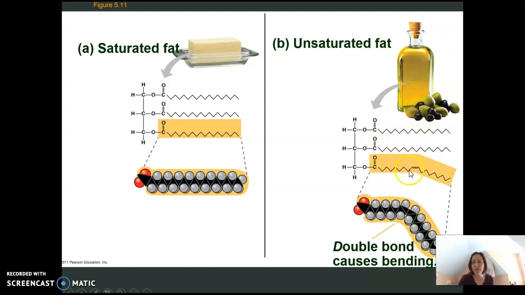And because of the double bond, the fatty acid chain bends. And that bending allows for more fluidity in this molecule. It doesn't pack as tightly, so it's looser, less dense, and we see that in our liquid oils. Really interesting chemical differentiation between saturated and unsaturated fats.